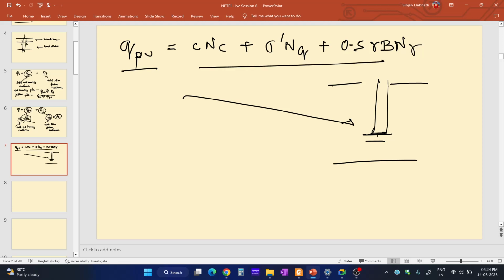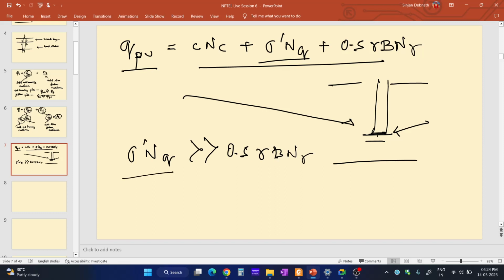Here one thing we must remember: since this pile is very slender and the depth is very large, the overburden pressure at the pile tip will be very large. So this term q dash Nq will be much greater than 0.5 gamma B N gamma, since the overburden pressure at pile depth will be very large.